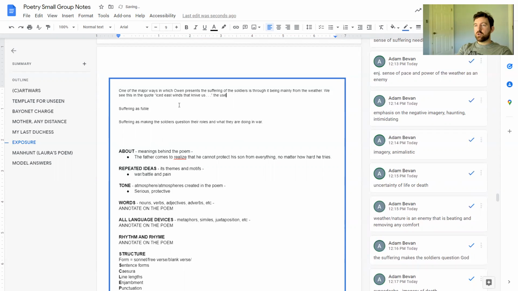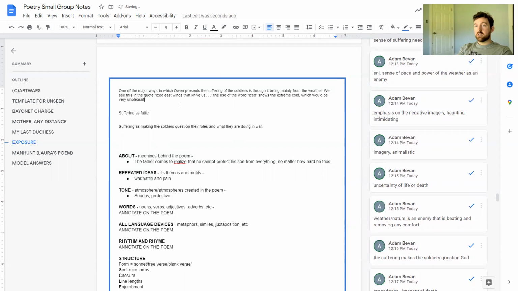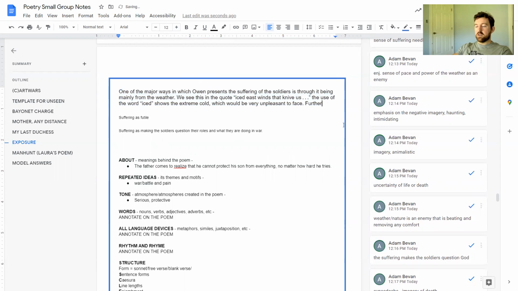So the use of the word iced shows the extreme cold, which would be very unpleasant to face. Furthermore, let's make this paragraph a little bit bigger so you can see a bit more.